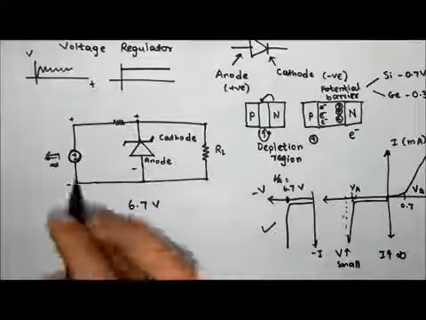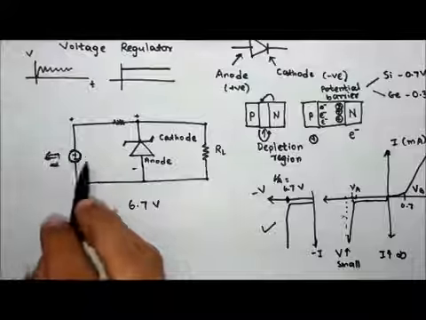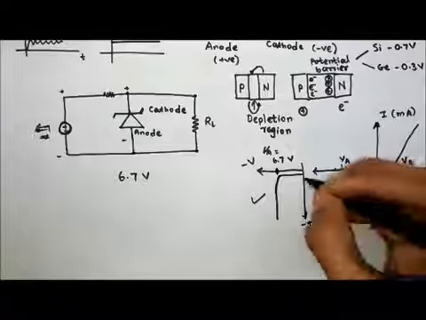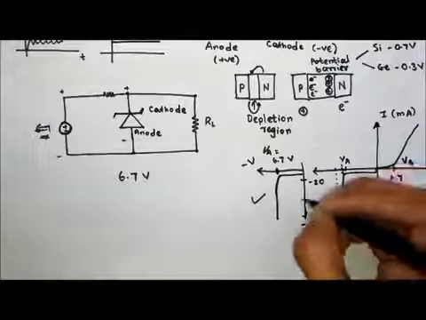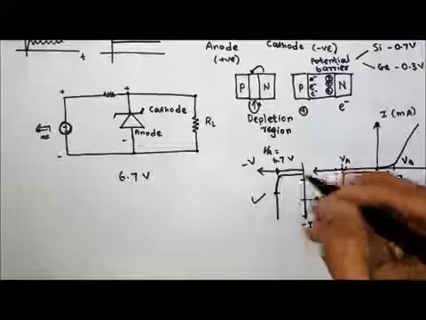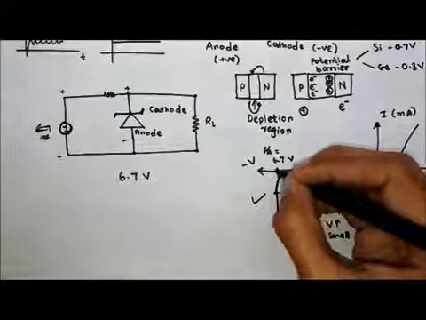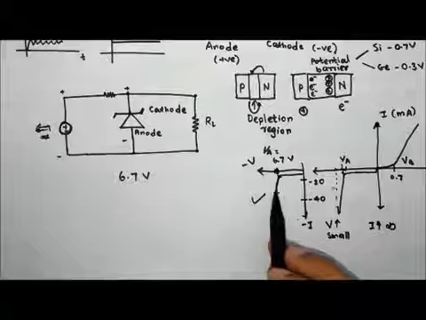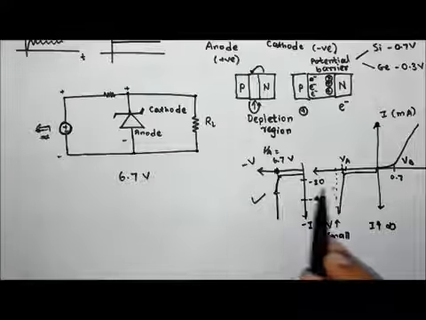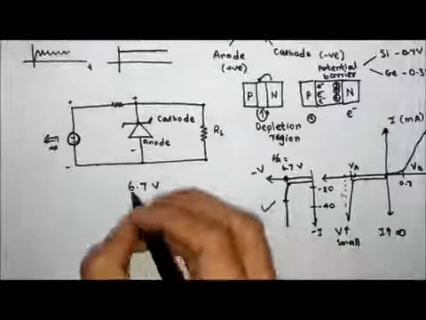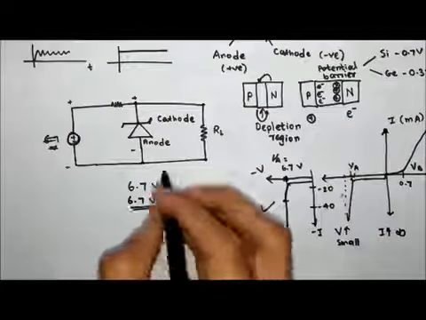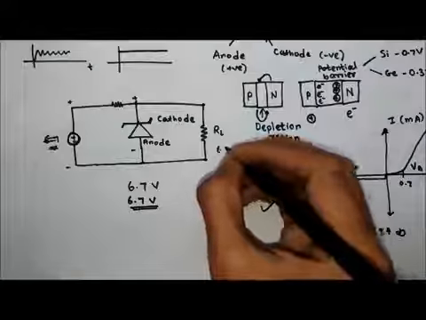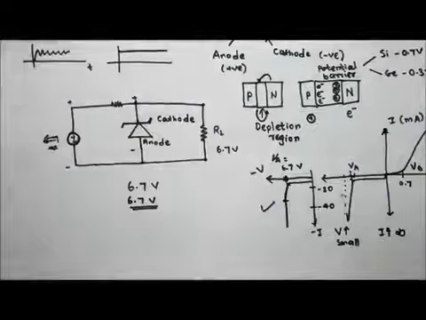Okay, now suppose I increase the current delivered by this source, what happens is this. So current is increasing. Suppose first it was minus 20, now it is minus 40, for example. Now observe the change in voltage over that period. So I have increased this from 20 to 40. How much does voltage change? If it is an ideal diode, then it will not change at all. Okay, so this 6.7 volts will be maintained across Zener diode, and since this is in parallel with this, we'll get 6.7 volts again at the load resistance.